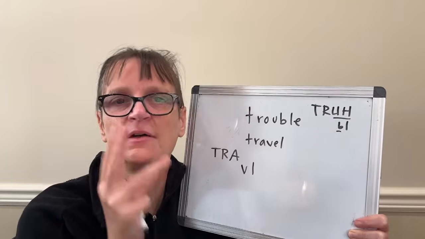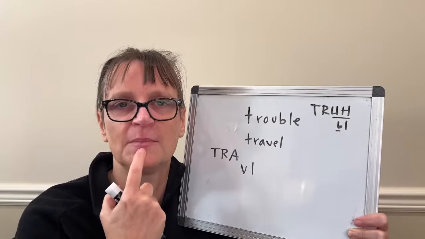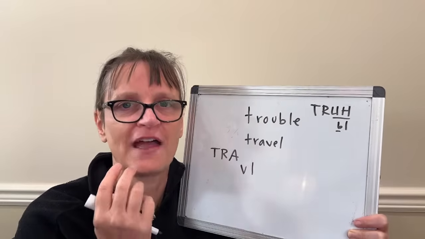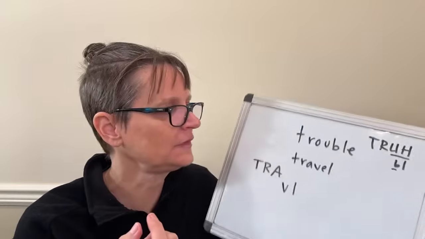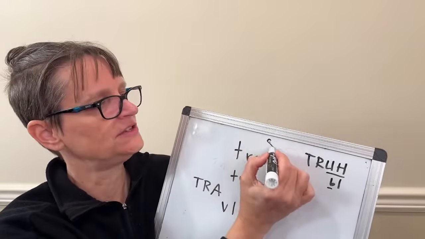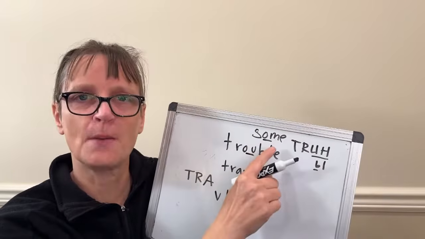So B closes the air entirely, uses both lips. V is the upper teeth and the lower lip. Travel.